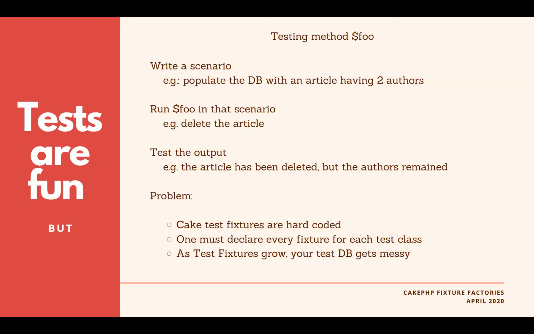So you go in your fixtures and you create one new entity and a second one and a third one. And at some point, you come up with huge fixtures that you may not have an overview of anymore. Also, when you write your tests, you have to declare the fixtures that you're going to use.